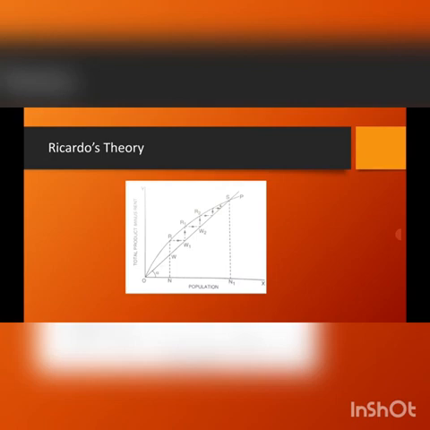And the share of profit is RN minus WN, which is equal to RW, and WN is the wage bill. At a higher level of population, profit exists to the extent of R1W1. It will promote capital accumulation and technological progress, and it increases the wage bill but reduces the share of profit.